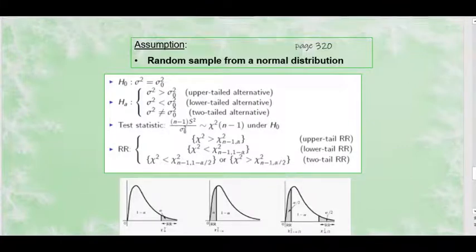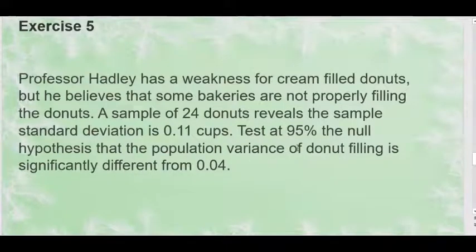So in this question, alpha is 95%. It means 95 confidence. So alpha is 0.05.